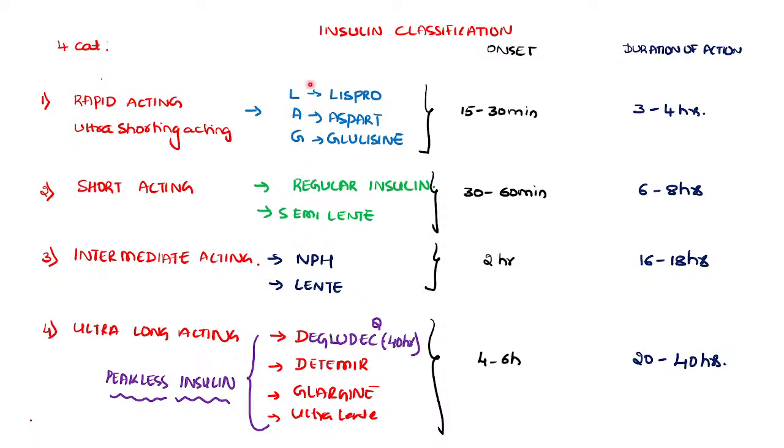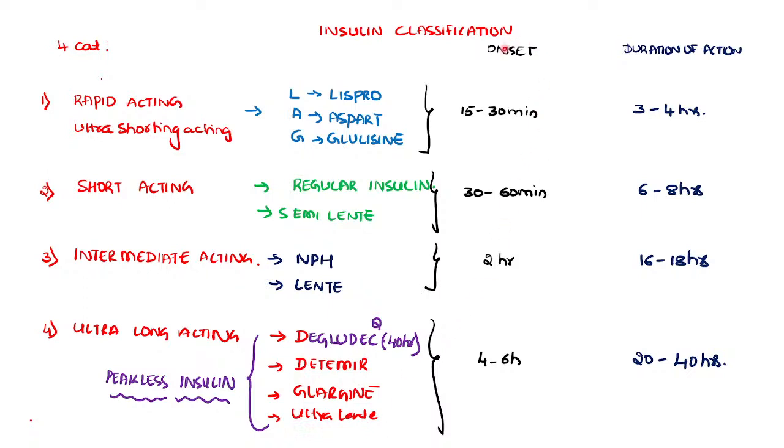If they ask about rapid acting preparations, please remember LAG as a mnemonic. L stands for Lispro, A for aspart, and glulisine. Under short acting, you have regular insulin and semilente. Under intermediate, you have NPH, neutral protamine hagedorn, as well as the lente. And ultra long acting preparations, which are also called peakless insulin, we have degludec, detemir, glargine, and the ultra lente.